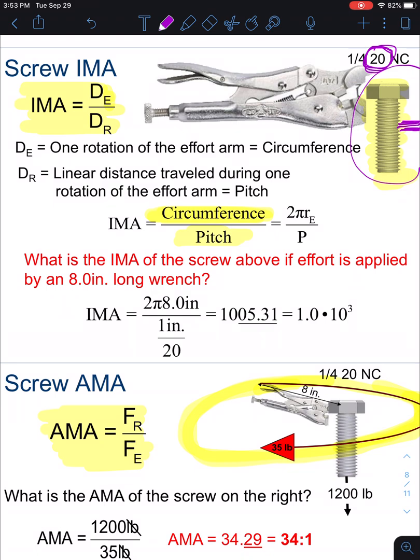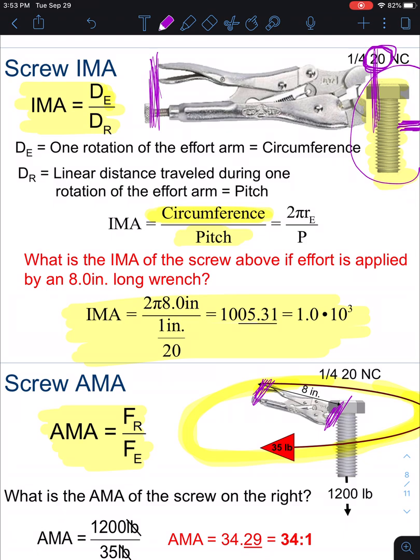Let's take a look right here in the middle of the page where we're going to actually apply this information. To know the circumference of the circle that is made, you always have to find how long the wrench is. Looking at the bottom picture, the length of the wrench is the radius of the circle.